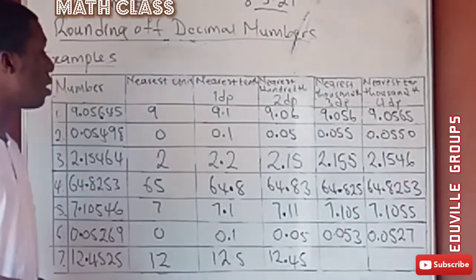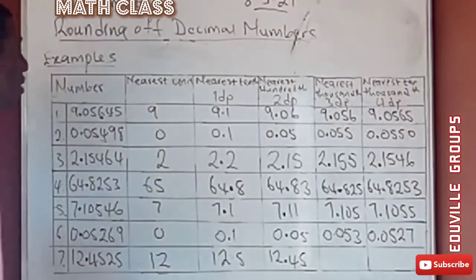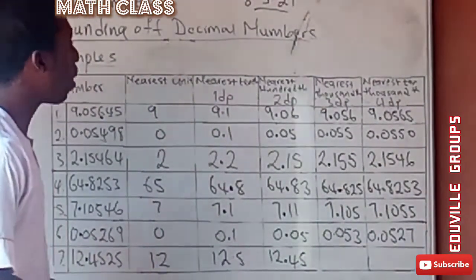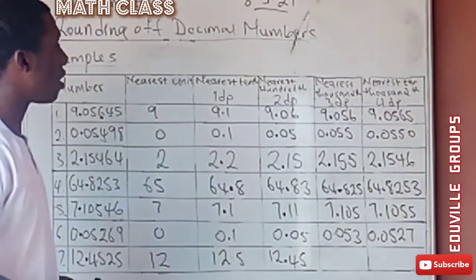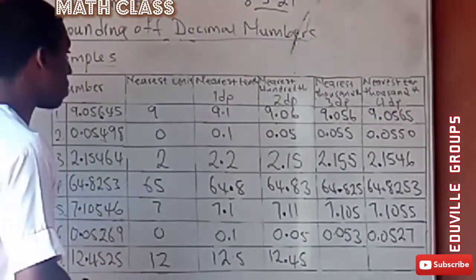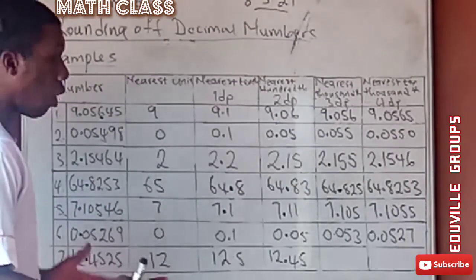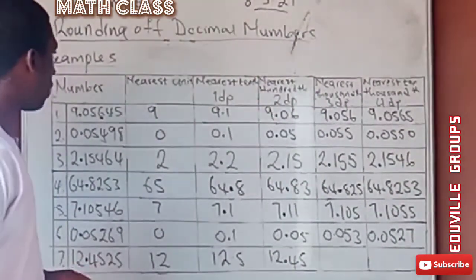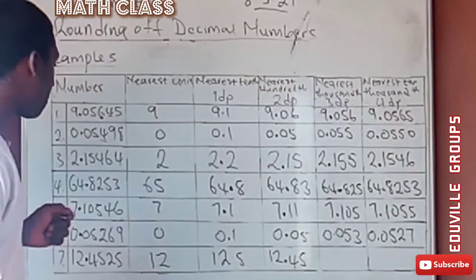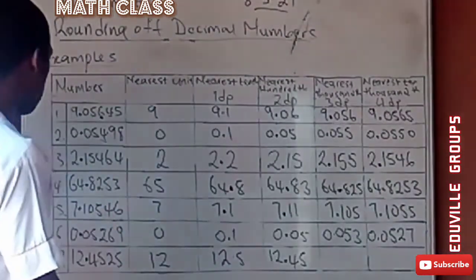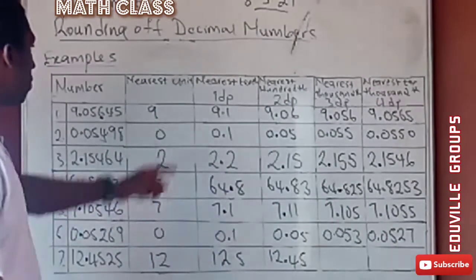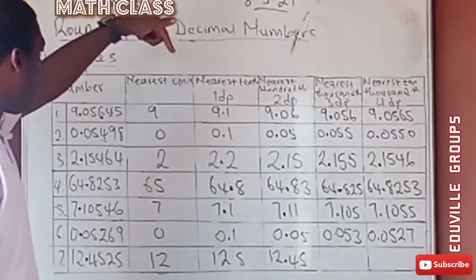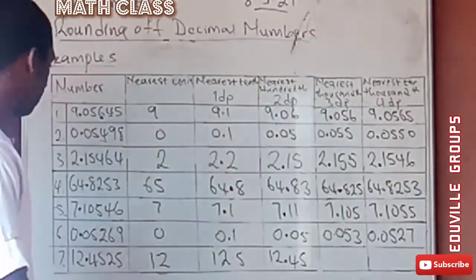In the next column, we are rounding to the nearest what? 1,000, or 3 decimal places. And the number at the 3rd decimal place is what? 2. 2 is at the 3rd decimal place or at the 1,000th place.